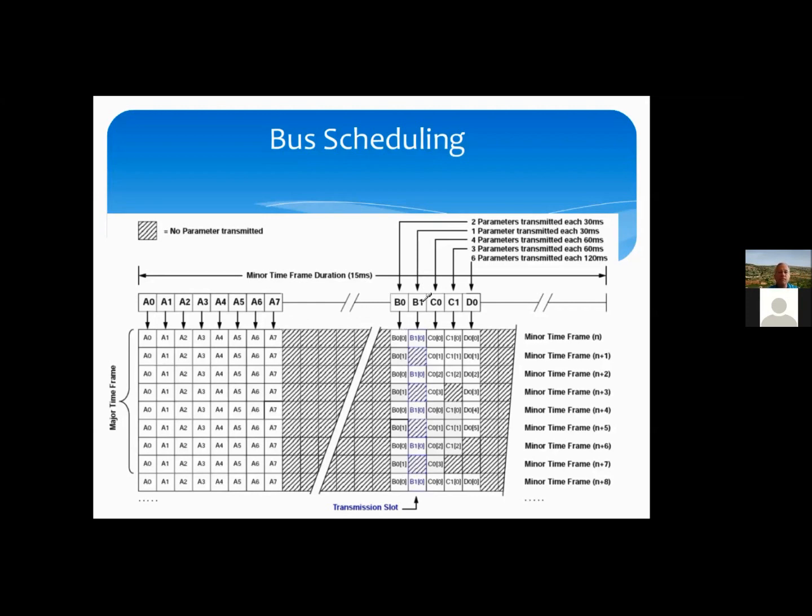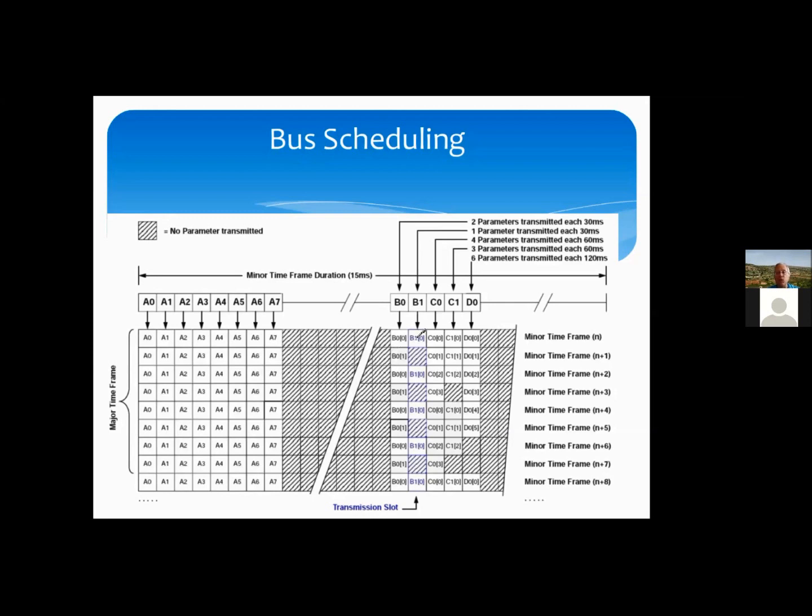However, B is another device, and it doesn't have to go out every single time. B0 has 2 kinds of data, and they're going to switch off. So in the first frame, one type of data goes out, and in the second frame, a different kind of data goes out.